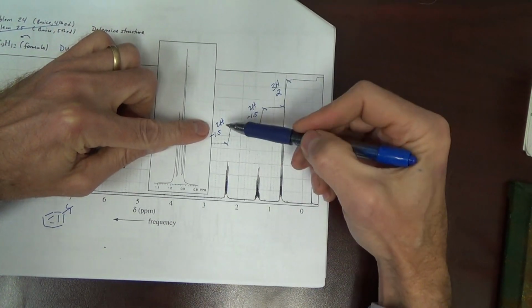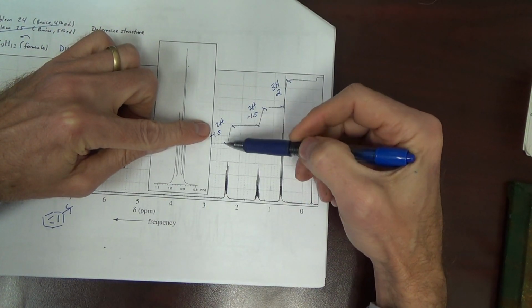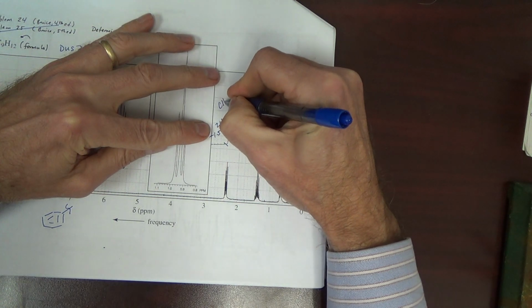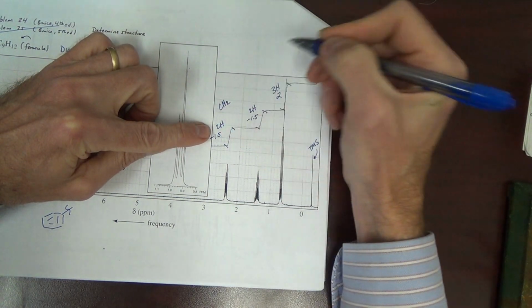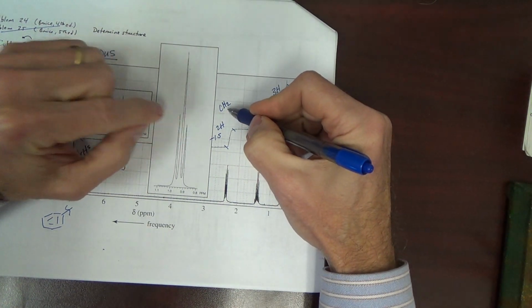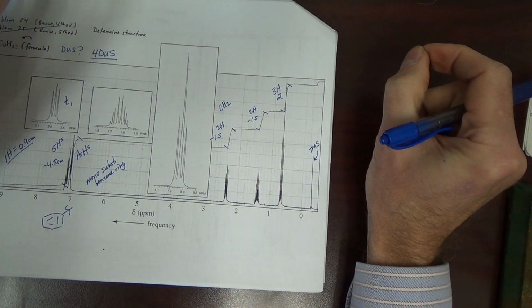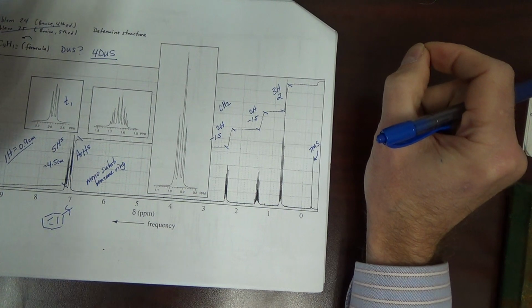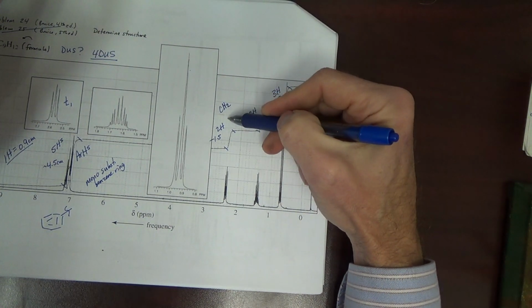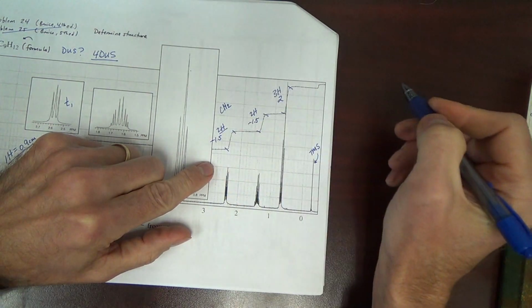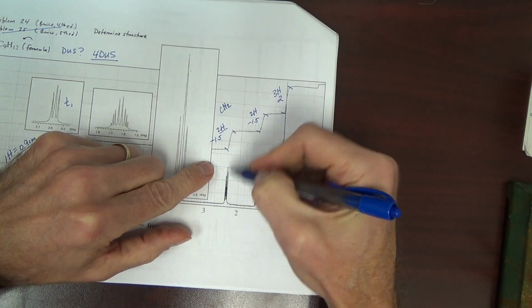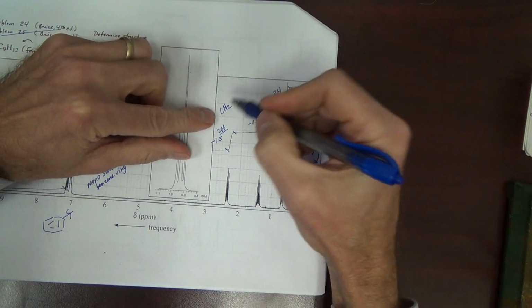All right. The fact that it's 2H pretty much tells us that it's a CH2. All right. Now it could be two identical CHs. But let's think horses first. Let's go with CH2. That comes from the integration. The signal is for two H's. Two identical H's.